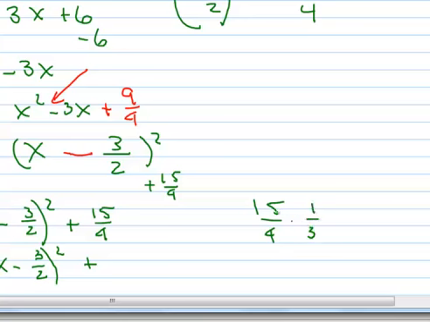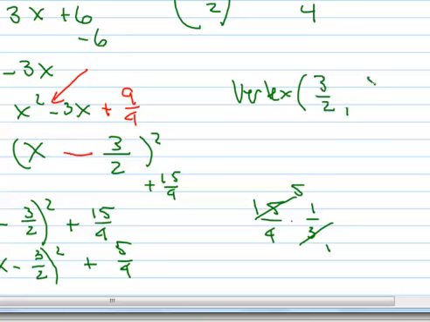And when you multiply that out, you see that 3 goes into 3 once. 3 goes into 15 5 times, so that becomes 5/4. And now I want to identify the vertex. I'll go ahead and write that up here. So the vertex in this case is 3/2 and 5/4. And that's that problem.